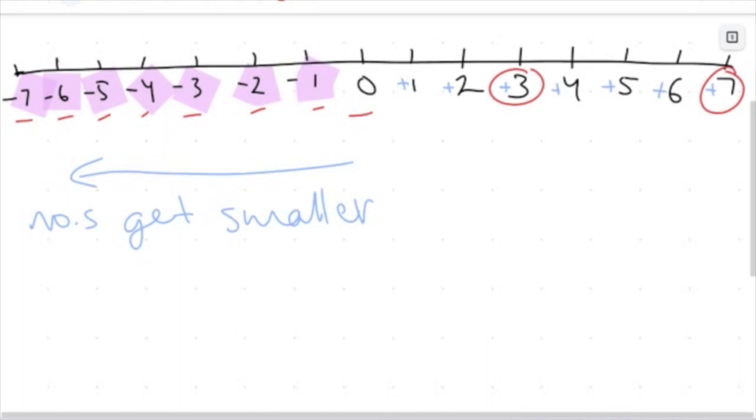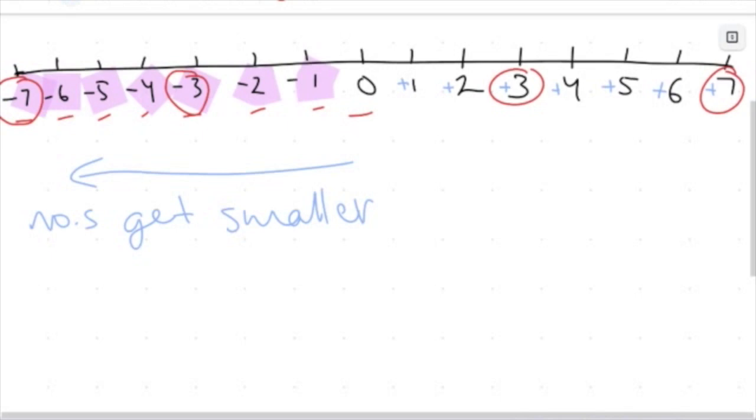Here, 7 once again is bigger than 3 in magnitude, how big the number is. But because both of those are negative, 7 is bigger in the negative direction, so it's actually going to be smaller.